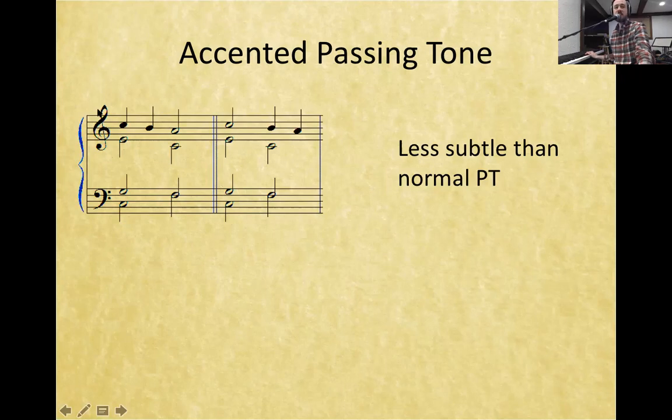So the only thing that's changing here is the soprano line, but even that is not a major shift because they're still going C, B, A, C, B, A. So it's the same 3 notes. Everything is the same. The only difference is the rhythmic placement of B, which really then just pushes A to a different rhythmic spot as well. So the rhythm of the soprano part is changing.